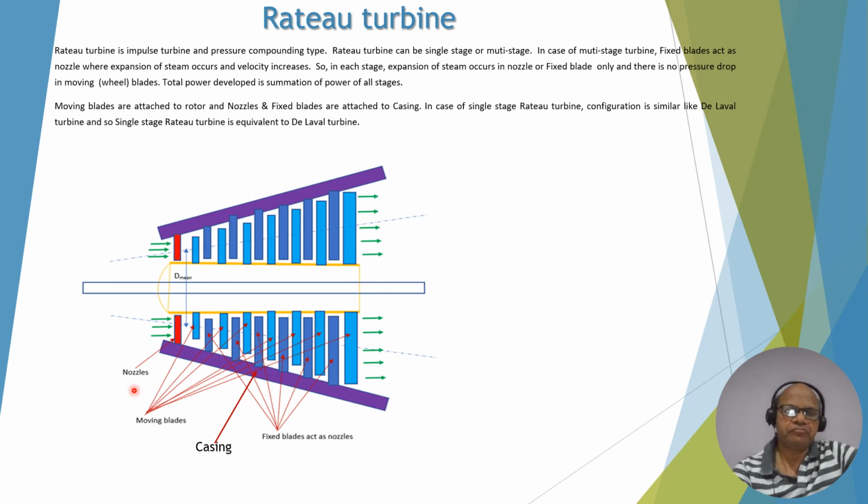And you see the pressure drop occurs only in the nozzle and the fixed blade. There is no pressure drop in the moving blade. So one set of nozzles and one set of moving blades is called one stage. Similarly, one set of fixed blades and one set of moving blades is called another stage. So there are various stages of a Rateau turbine.